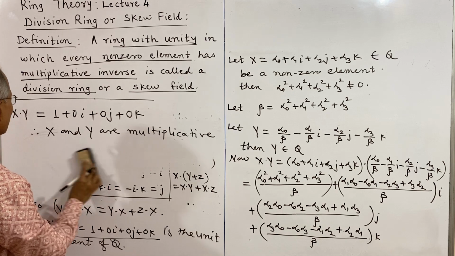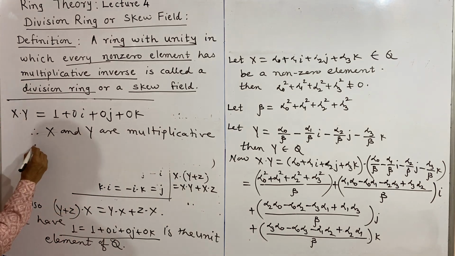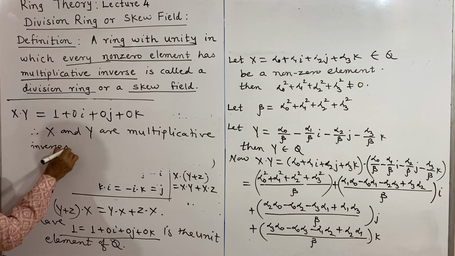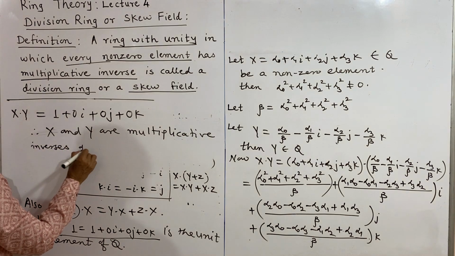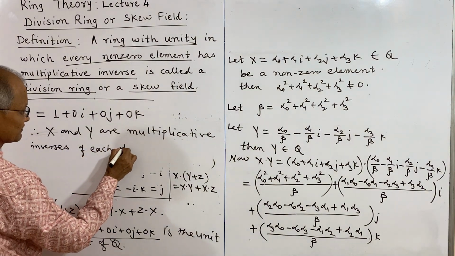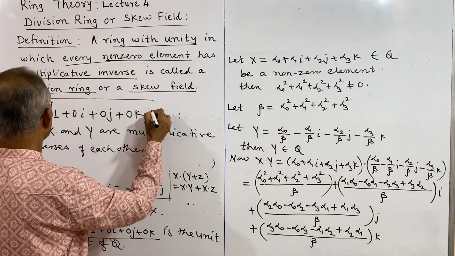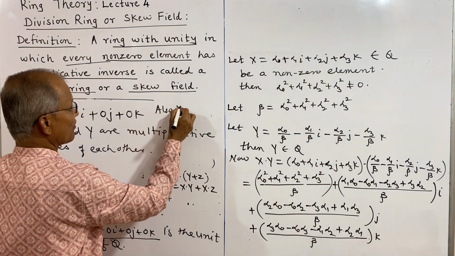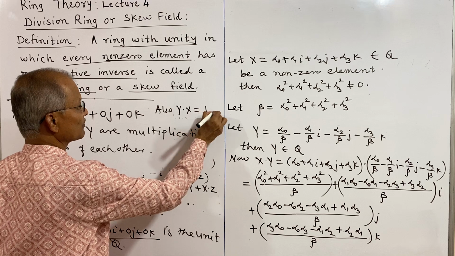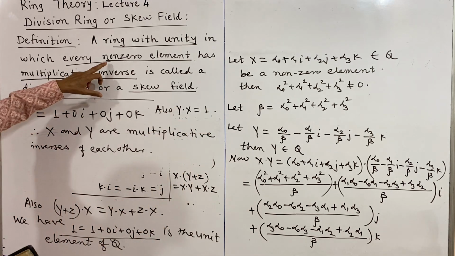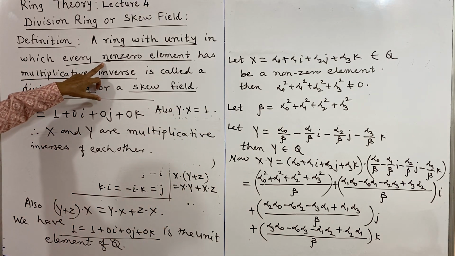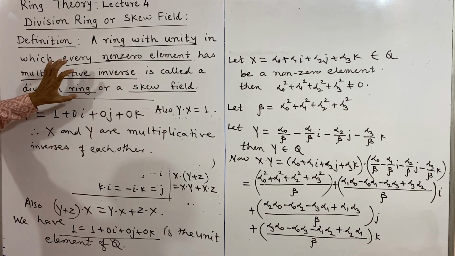Similarly we can check y into x. Inverses of each other. Also y into x is equal to 1, and thus what we wanted to prove is every non-zero element has a multiplicative inverse.